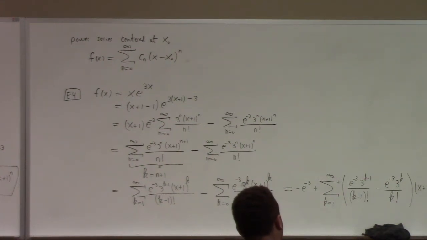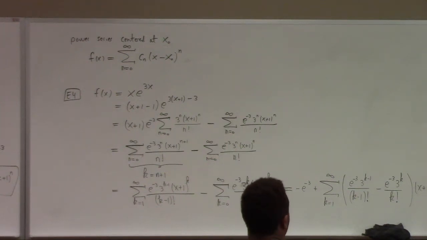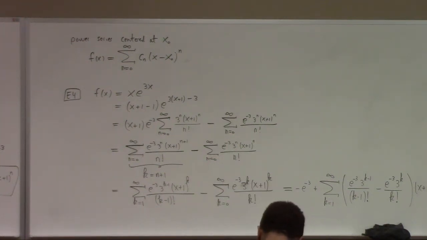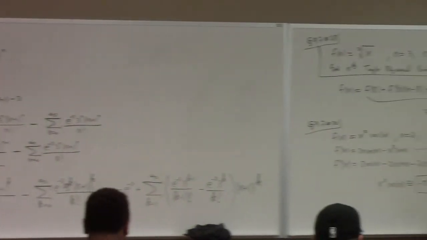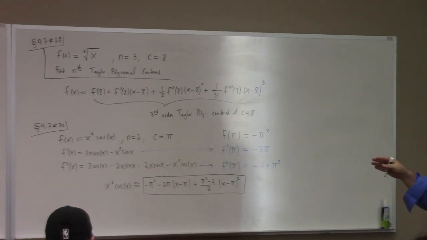So it's approximately minus pi squared minus 2 pi times x minus pi plus pi squared minus 2 divided by 2 times x minus pi quantity squared. There you go. That is the n equals 2 centered at pi Taylor polynomial for x squared cosine x. That's all there is to it. Do not be scared. Do not confuse this problem with the much more onerous problem of finding the complete power series for x squared cosine of x at pi.